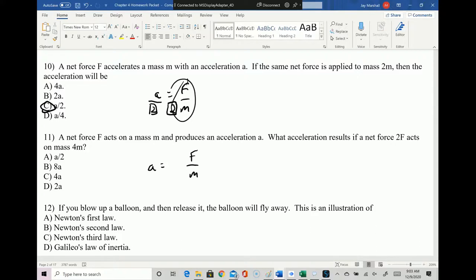I'm going to put 2 in front of that, and I'm going to put 4 in front of that. What happens to my acceleration? Same thing, right? This is multiplying the right side of the equation by 1/2. So I'm going to multiply the left side of the equation by 1/2 as well, or that would be a over 2.